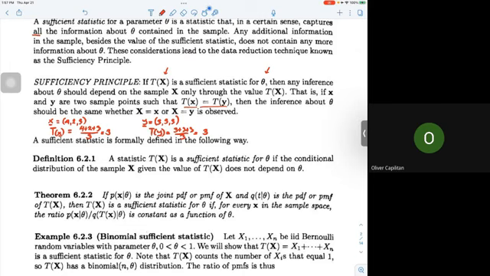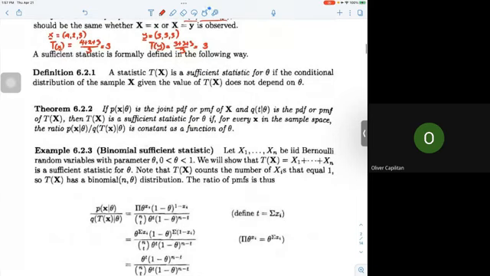So we have the formal definition now of a sufficient statistic. A statistic T of big X is a sufficient statistic for our parameter theta if the conditional distribution of the sample X given the value of the statistic T of X does not depend on the parameter theta.